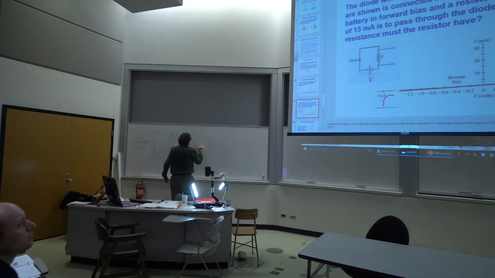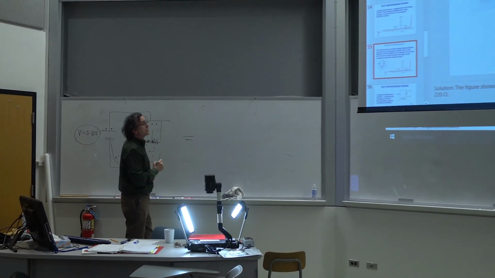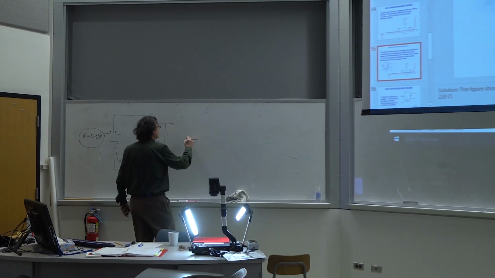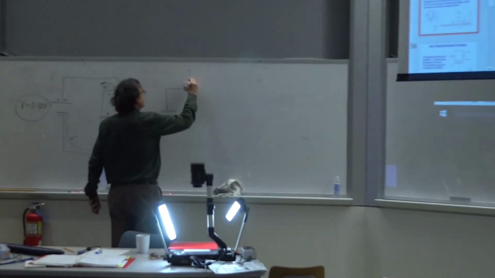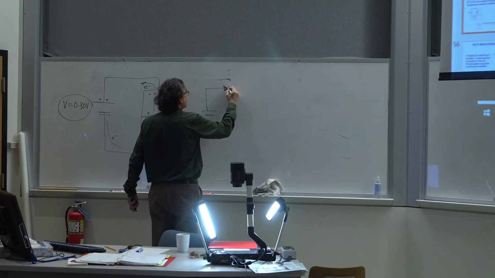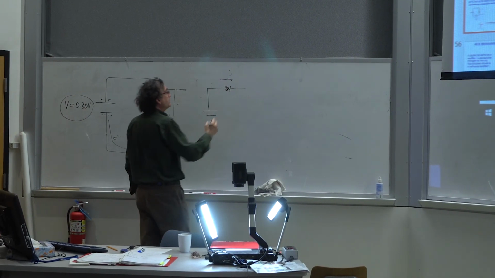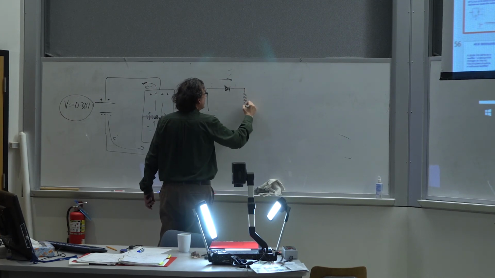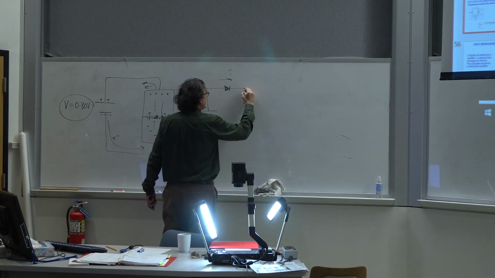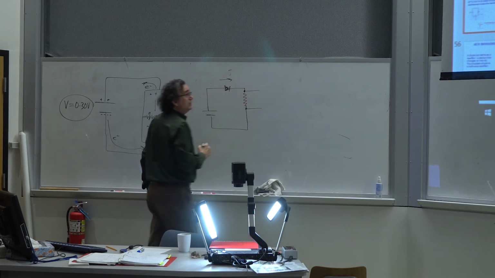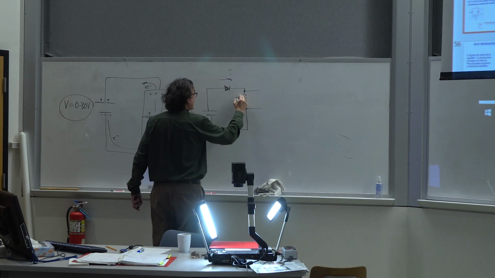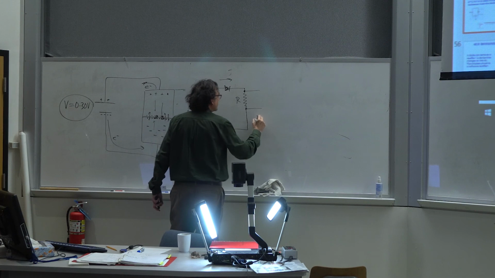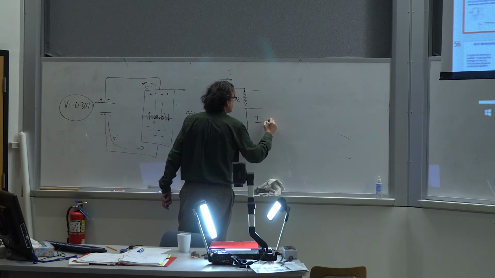So if we simply take that into consideration, and I know that this is the symbol for a diode indicating that current can flow this way, but not the other way, assuming we're not operating in the Zener or breakdown mode. And now what I want to do is make sure that with a 4-volt battery, I have some resistor R that is going to maintain a current of 15 milliamps or 0.015 amps, right?